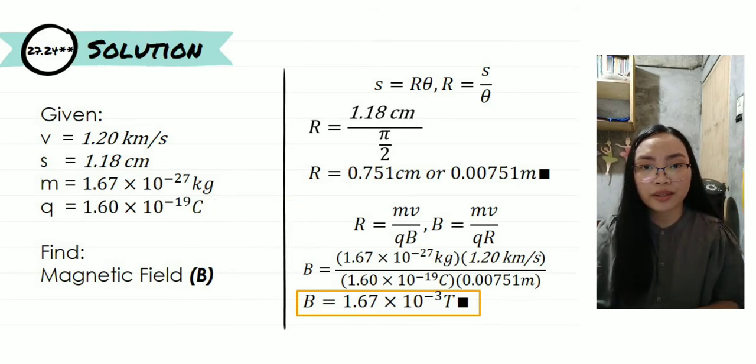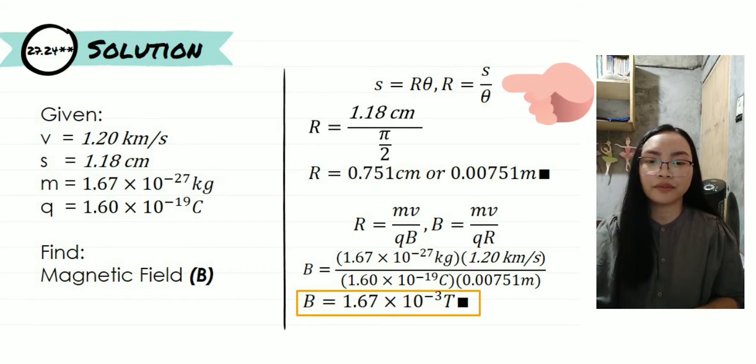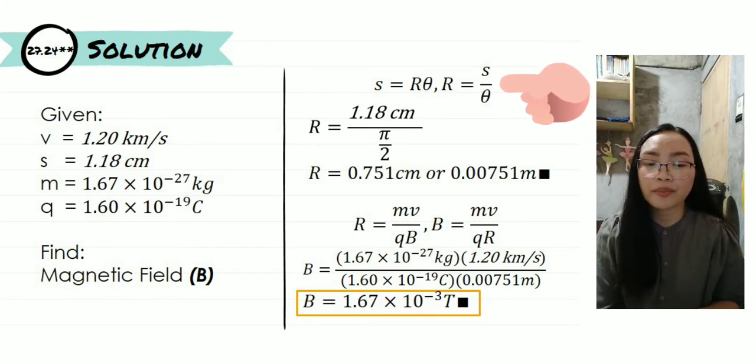In order to find the magnetic field, we will use the original equation S is equal to R theta, wherein S is the arc length, R is the radius, and theta is the angle. Now we have to manipulate this equation in order to have R is equal to S all over theta.